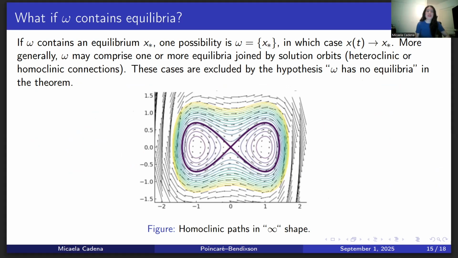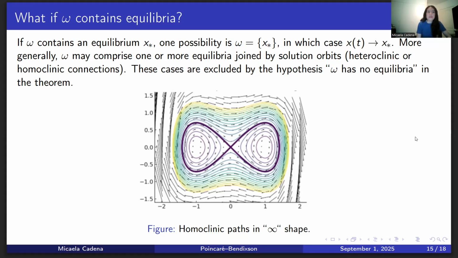Now, what happens if the omega limit set contains equilibria? Well, since an important hypothesis of the Poincaré-Bendixson theorem is that it doesn't contain any equilibria, we have the possibility that the omega limit set is just a set containing a single equilibrium point. And in that case, by the definition of omega limit set, we would get that x of t tends to x star.